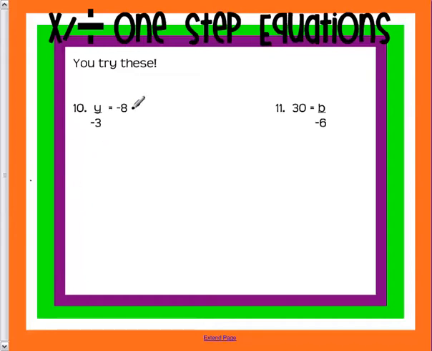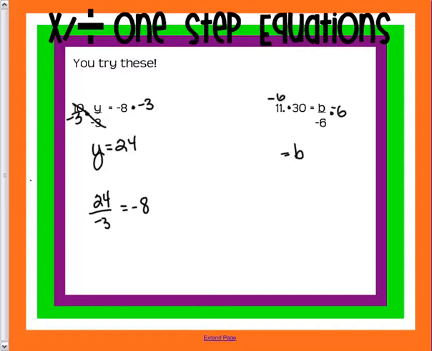Okay, so multiplying by -3 on both sides. That cancels out on this side, so we're left with y, and y equals 24. If I check it, 24 divided by -3 is -8. Over here, we're going to multiply by a -6 on both sides.